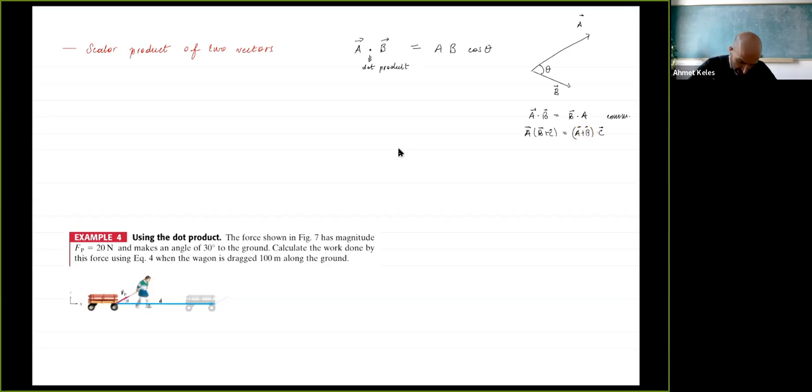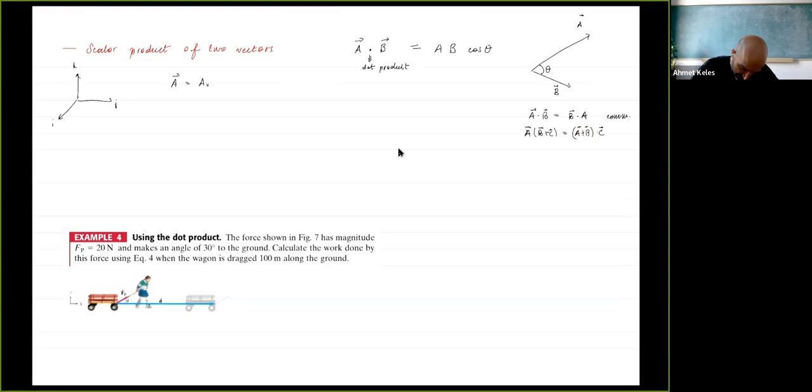So now I want to introduce coordinates. Let me call these I, J, K, or if you like, X, Y, Z. And for vector A, I want to decompose it into its components.